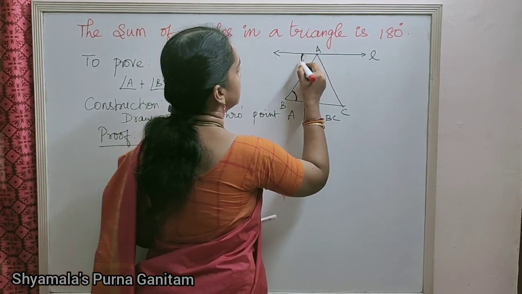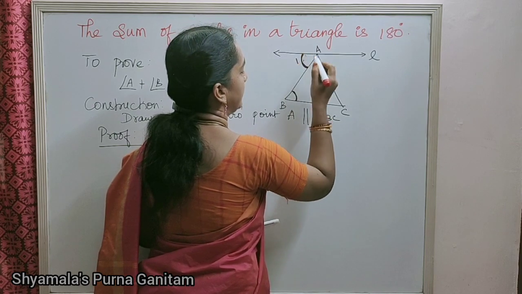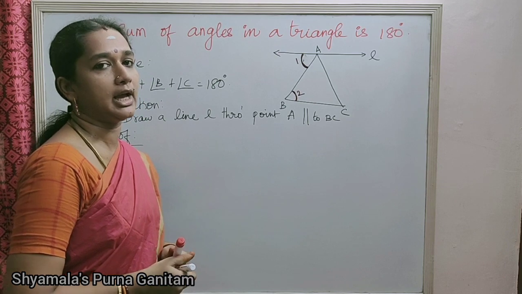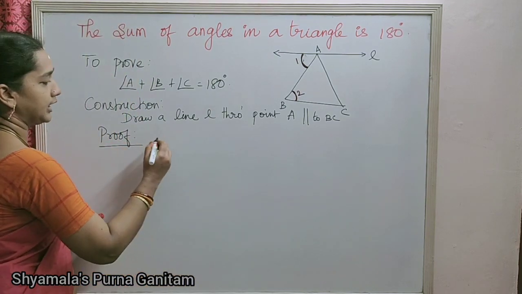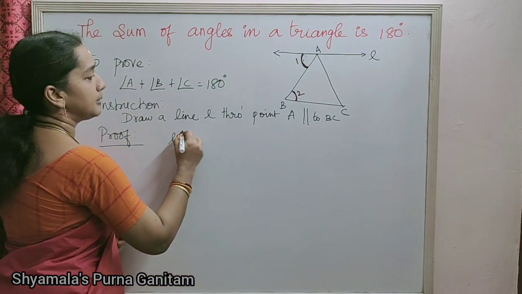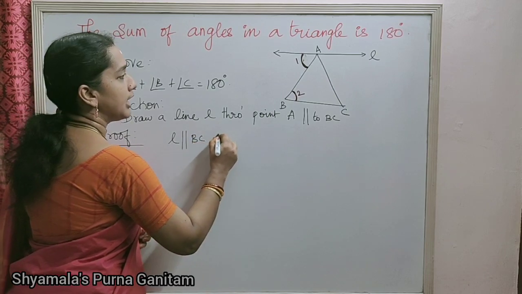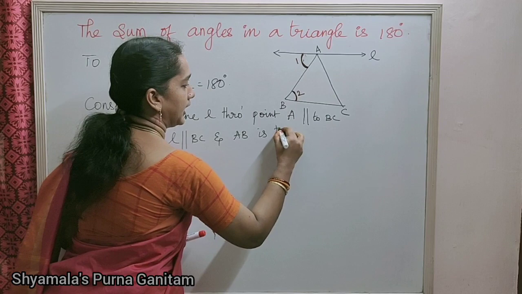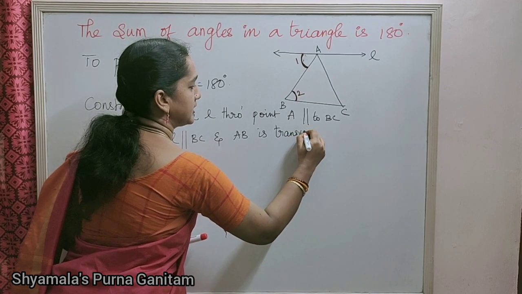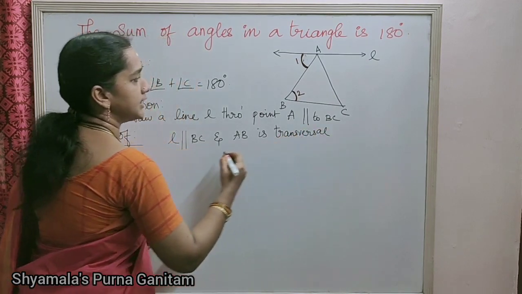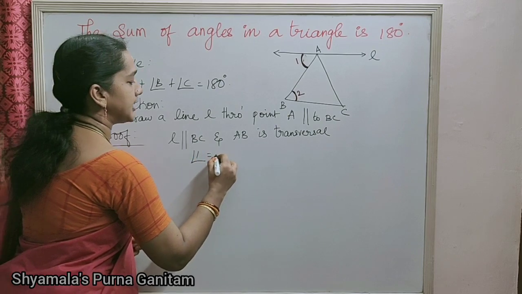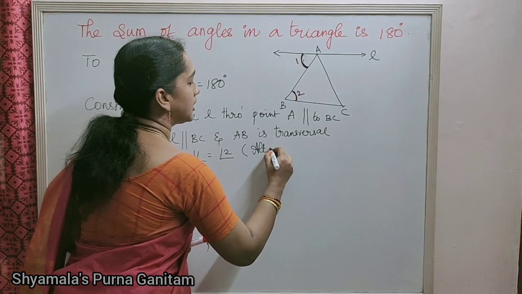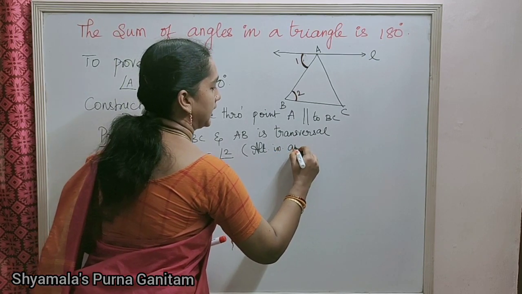I am naming this angle as 1, this angle as 2. So angle 1 is equal to angle 2. We have to write: L parallel to BC and AB is transversal, so angle 1 is equal to angle 2. What is the reason? They are alternate interior angles.